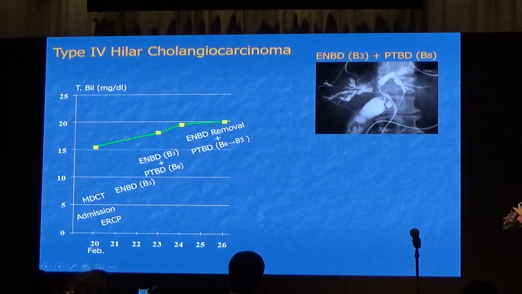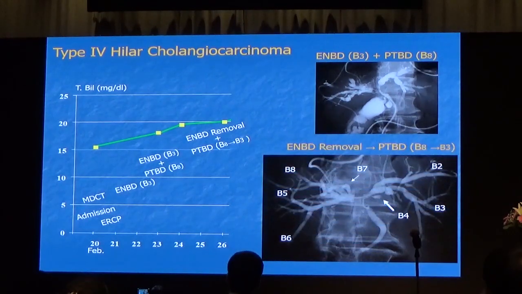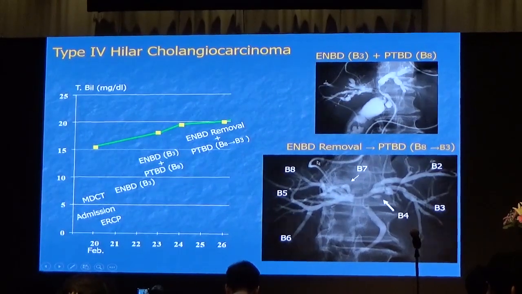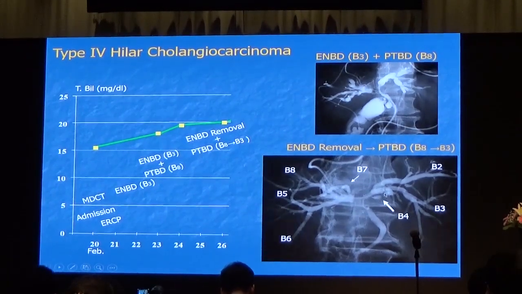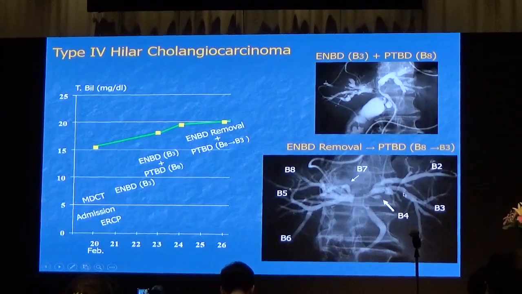However, the serum bilirubin level did not decline even after bilateral biliary drainage. Then we removed the ENBD catheter, and the tip of the right PTBD catheter was introduced from the right side to the left side. The tip of the catheter was placed in the segment 3 duct, and bilateral decompression could be obtained.